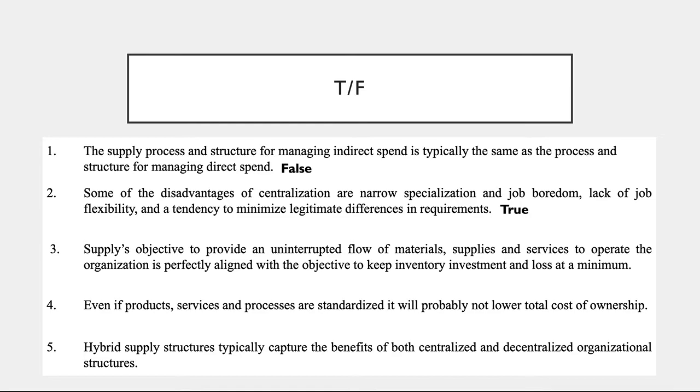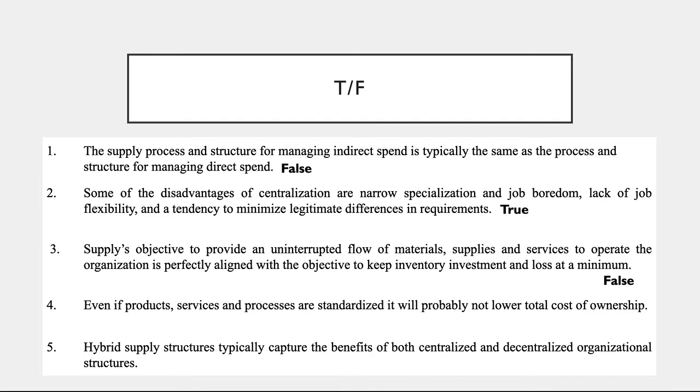Okay, question number 3. Supply's objective to provide an uninterrupted flow of materials, supplies, and services to operate the organization is perfectly aligned with the objective to keep inventory, investment, and loss at a minimum. Here, the statement is false. Why is it false?